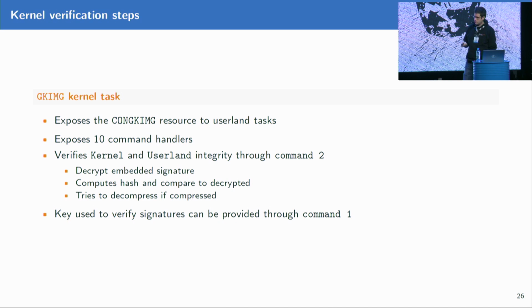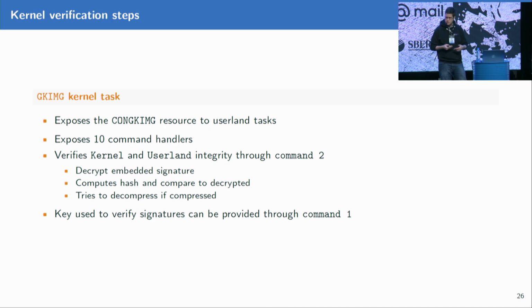The verification of the signature of the userland and kernel images is done in the kernel. There is a specific kernel task called GKIMG, which exposes a specific resource to userland tasks. It also exposes 10 command handlers. For example, command 2 allows a userland task to ask to verify the signature of the kernel and userland components.